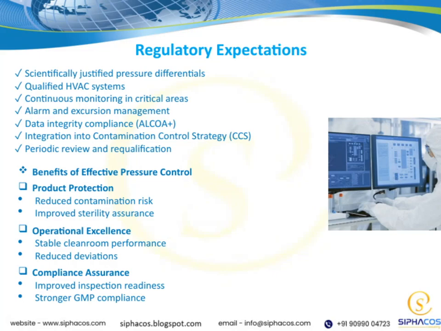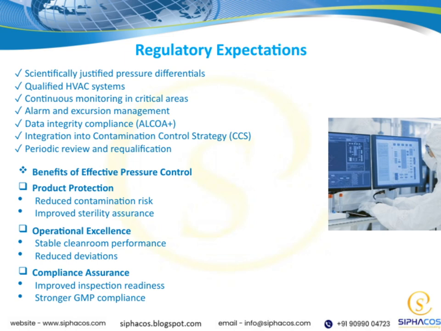When we control pressure effectively, the benefits ripple across the entire operation. First, it protects the product by reducing contamination risks and boosting sterility assurance. Then, it drives operational excellence, keeping cleanroom conditions stable and cutting down on deviations. On the compliance side, it means better inspection readiness and stronger adherence to GMP standards.